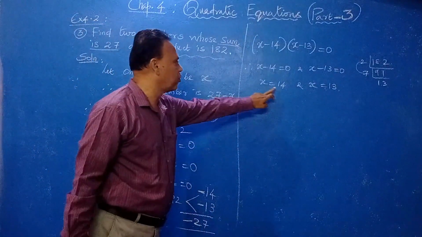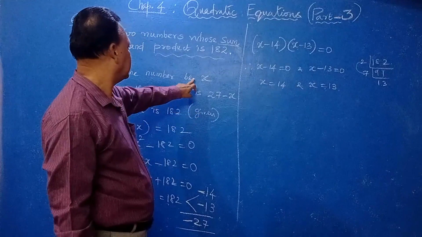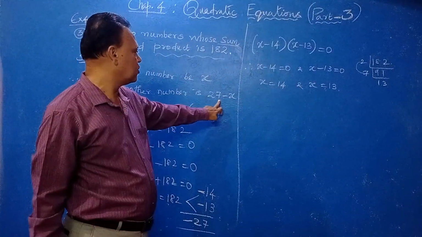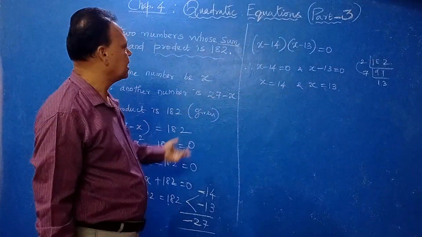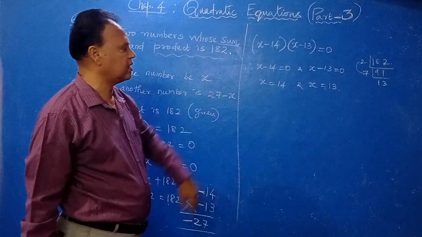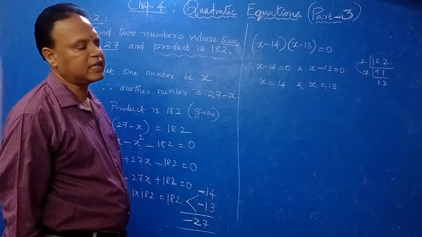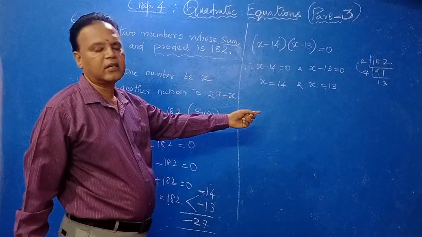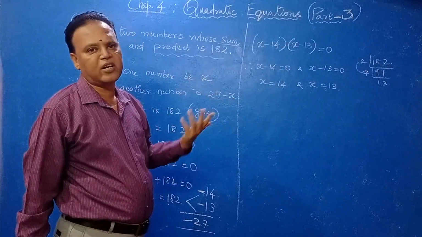When x is 14, another number you will get: 27 minus 14 you will get 13. Clear? So same answer you will get. When you give 13, then you will get 14. So the two numbers are 13 and 14.